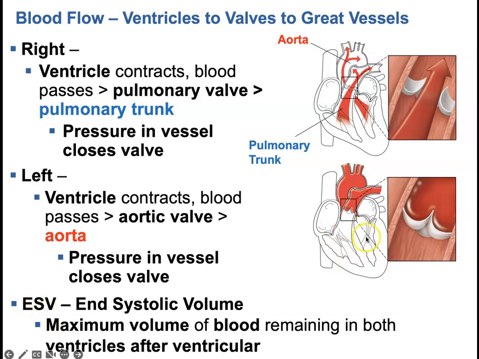So if there is an issue with the ventricles where they're not contracting as forcefully, the amount of blood that is left behind, the end systolic volume, will actually be greater. And you don't want that because you're going to have blood coming back and passively filling the ventricles. So if you already have too much blood in the ventricles from the return, now you're going to have an issue where any blood that is coming in here, once it starts overflowing the ventricles, that blood will end up flowing back into the atria and then back to where they came from.